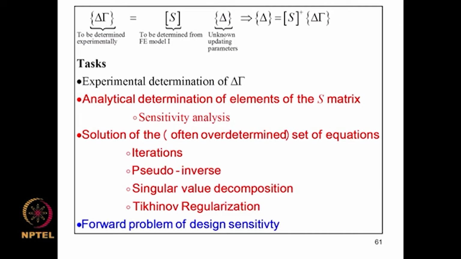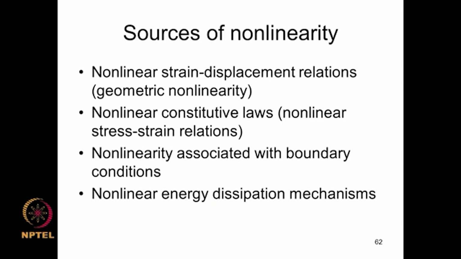problems. In the final part of our course, we started talking about how to deal with nonlinearity. So, the sources of nonlinearity we identified were either related to nonlinear strain displacement relations, in which case we said the nonlinearity is geometric nonlinearity, or the relationship between stress and strain could be nonlinear.